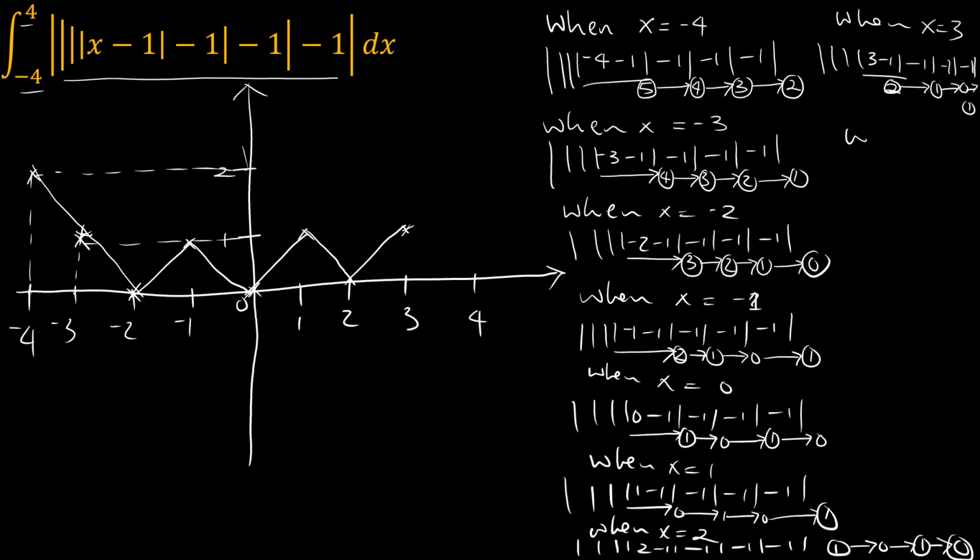And then when x equals 4, we have 4 minus 1, absolute, minus 1, absolute, minus 1, absolute, minus 1, absolute. So 4 minus 1 is 3. 3 minus 1 goes to 2. 2 minus 1, we have 1. And then 1 minus 1, we're going to 0. So this goes down to 0 here. We won't bother, but if you are curious, this will go up like that from here.